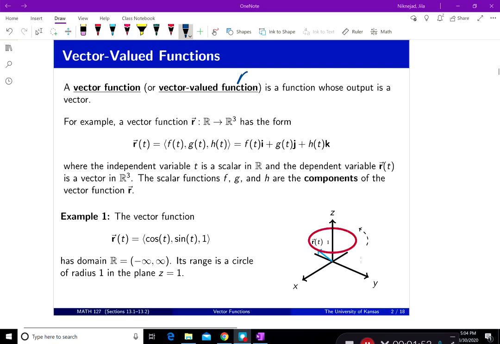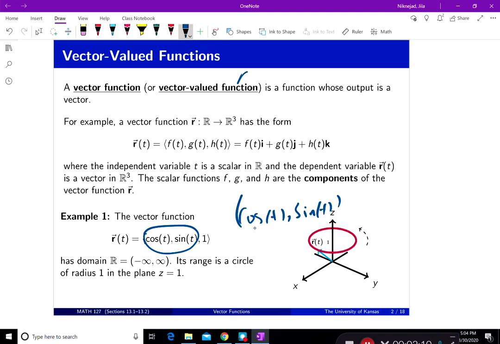So if I just had this parameterization you've seen before, cosine t and sine t, that parameterization gives you the circle.